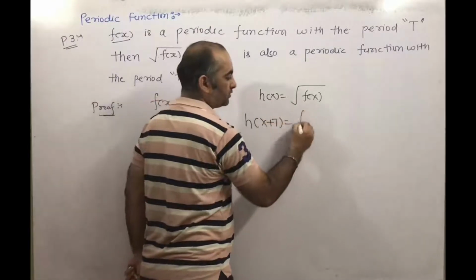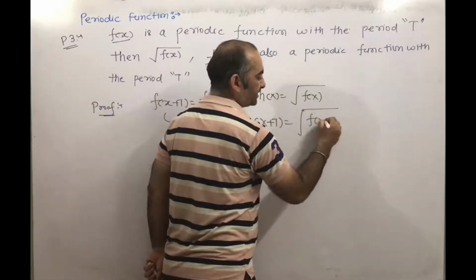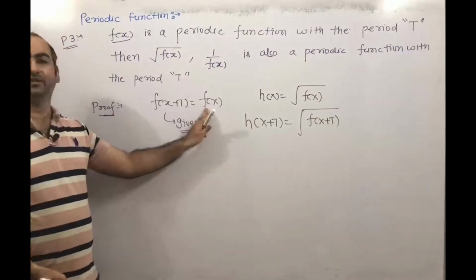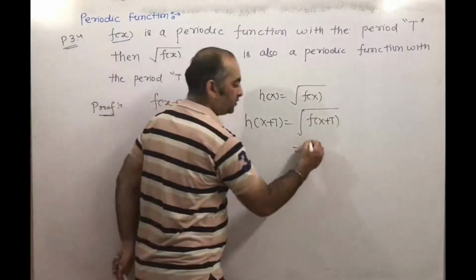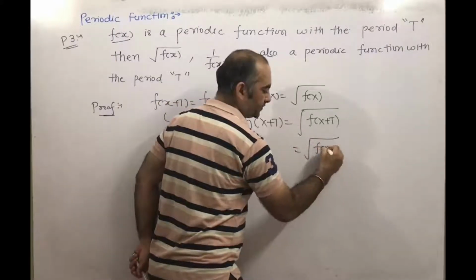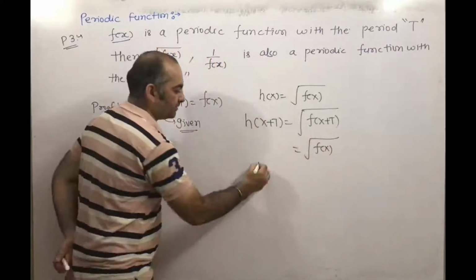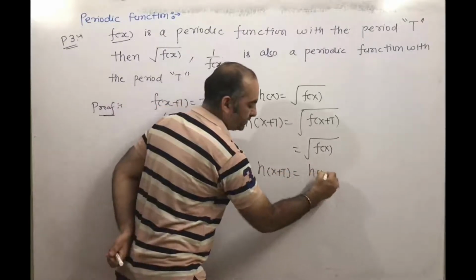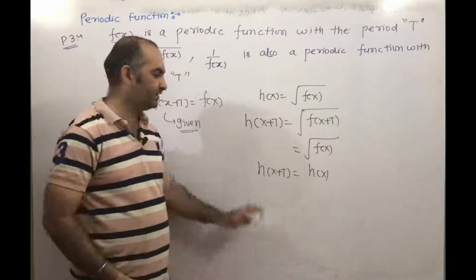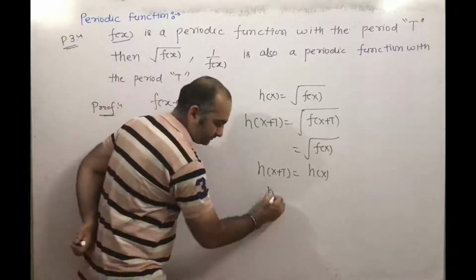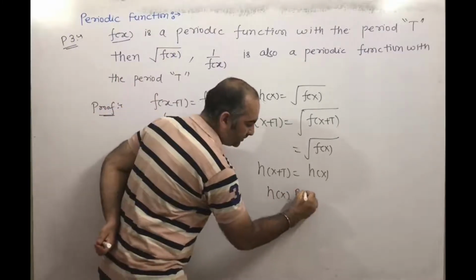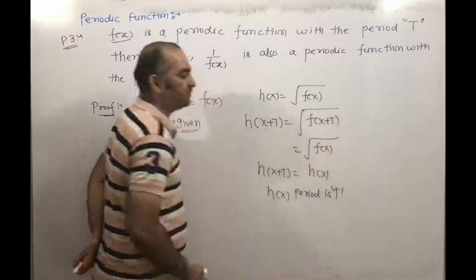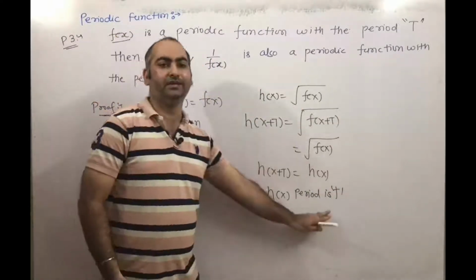So h of x plus t will be root over f of x plus t. And we know f of x plus t is f of x. This is given. So this will come out as root over f of x. So from here we can say that h of x plus t is equal to h of x. So we can say the period of h of x is t. That means the period of root over f of x is also t, we can say.